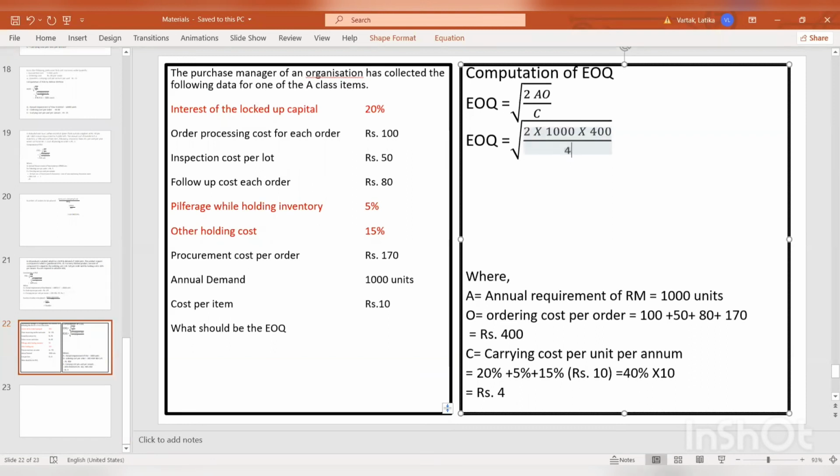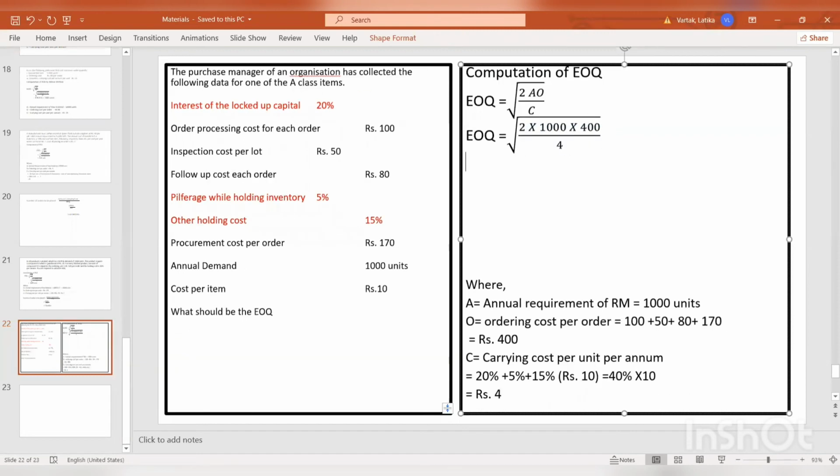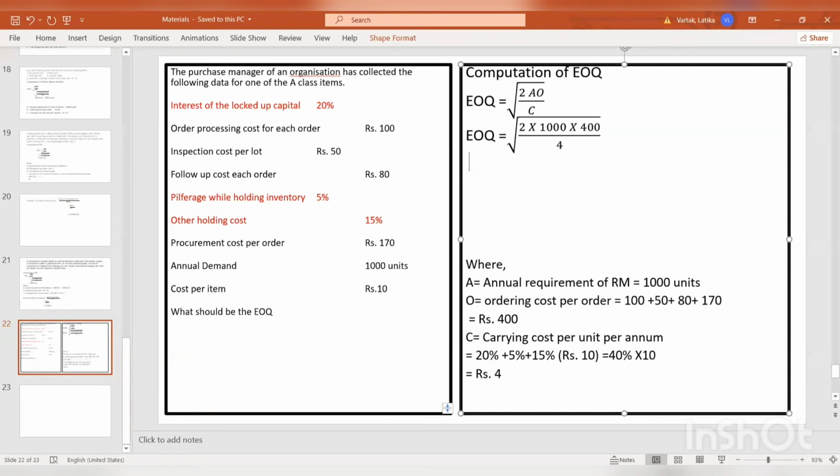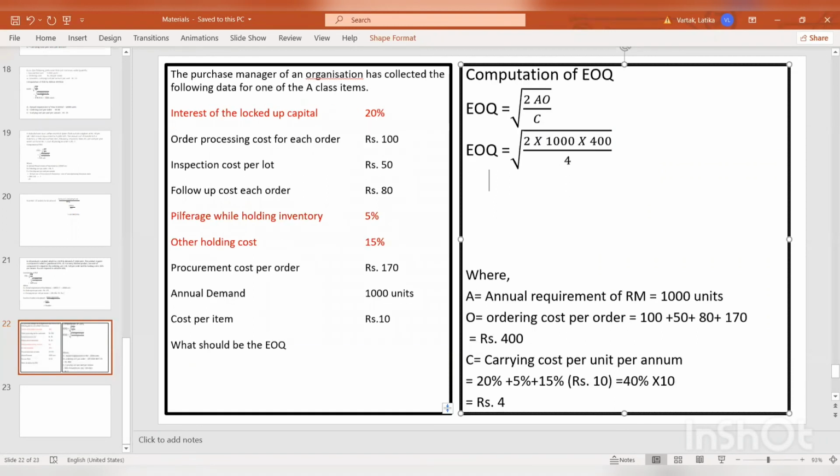So now we have to calculate the answer for same. If you are having calci, take your calcis and calculate the answer for same. So here we'll take on calci. Two multiplied by 1000 into 400 divided by 4, and of that square root.